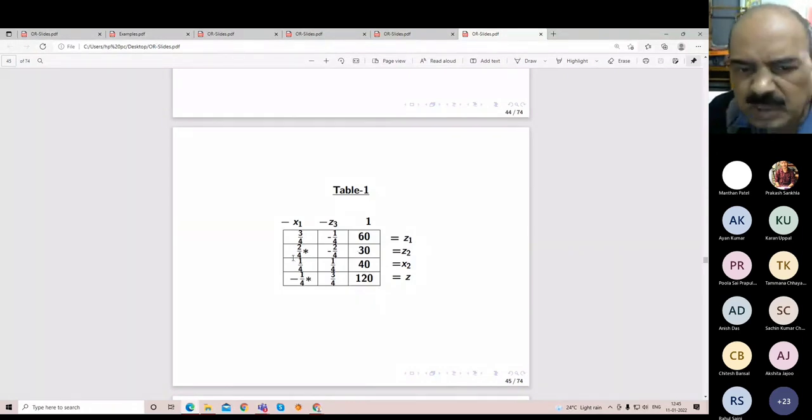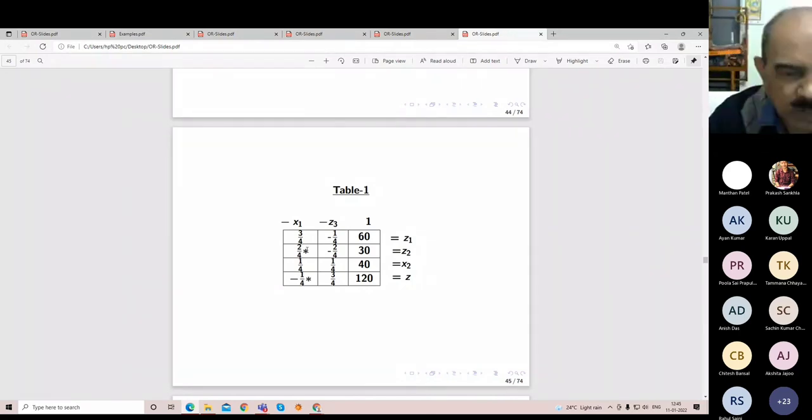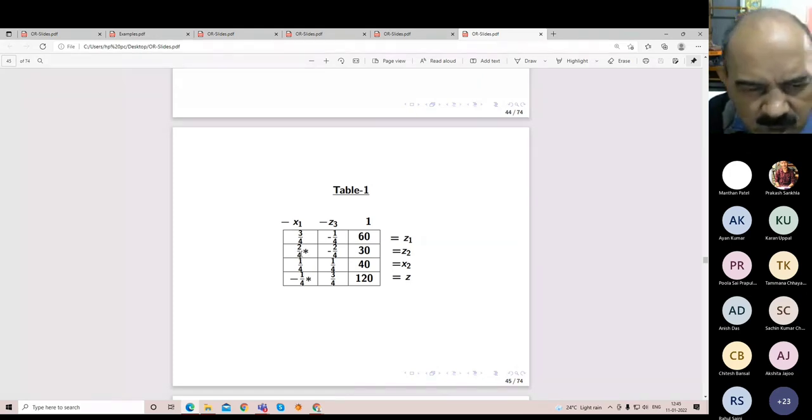So the minimum is coming with respect to the second row. Earlier the minimum ratio was coming with respect to the third row. Now it is the second row, first column and second row. Once we have got this 2 by 4, which is nothing but half, this is giving the minimum positive ratio.